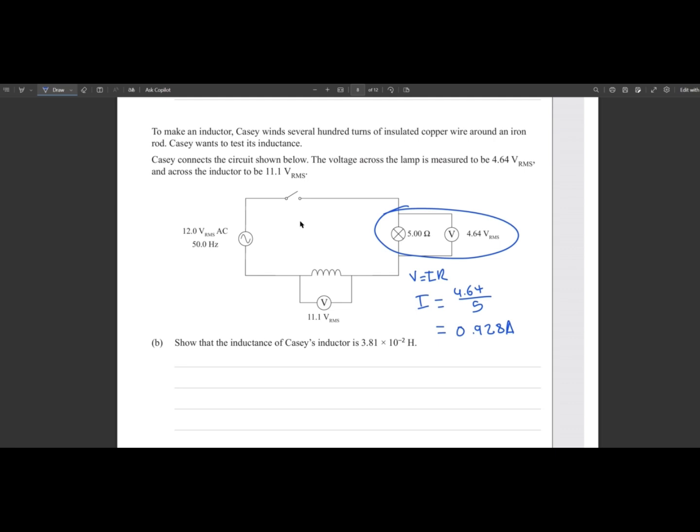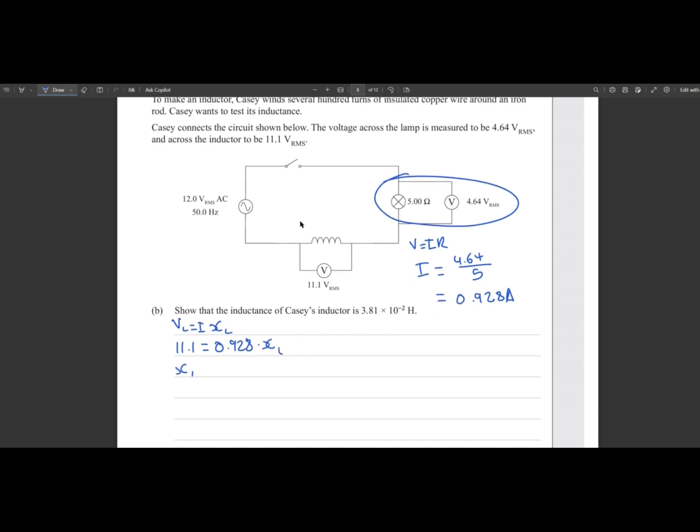So we know that VL equals I times the reactance of the inductor. So 11.1 is equal to 0.928 times XL. So XL is equal to 11.1 divided by 0.928, which is 11.96 ohms.